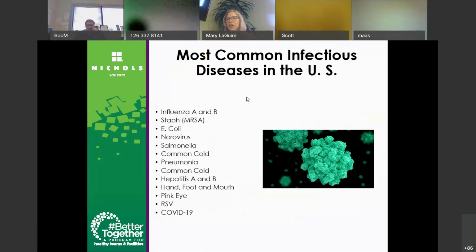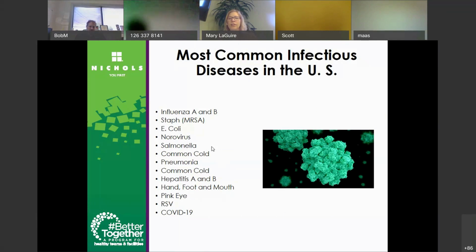Some of the most common infectious diseases in the US before COVID-19, these were most of them that we were dealing with, right? And these outbreaks do happen. I remember in my kids' school earlier in the year, they were having a flu influenza A outbreak in this area. So these outbreaks do happen, and that's when you definitely want to increase your cleaning and disinfecting protocol.